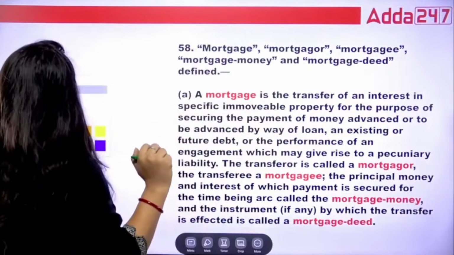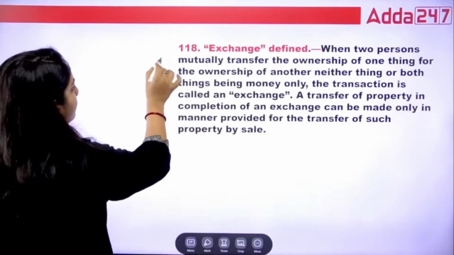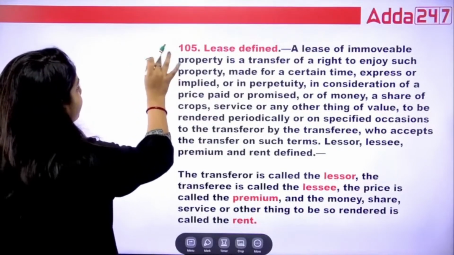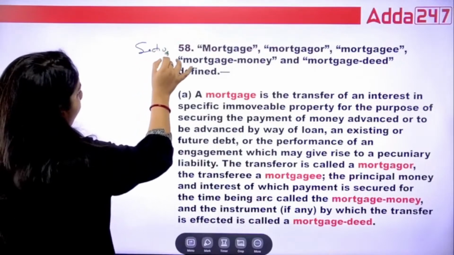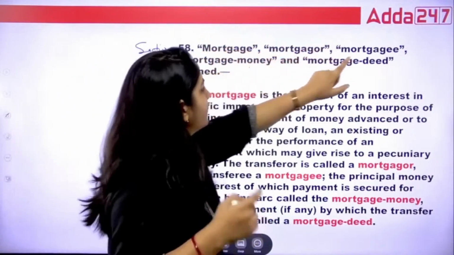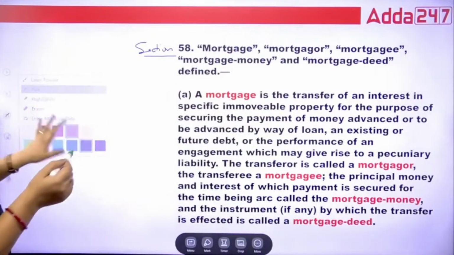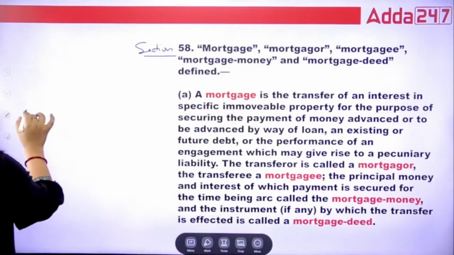Now, what is mortgage? This is your section 58, which talks about mortgage, mortgager, mortgagee, mortgage money, mortgage deed. Excellent. I'm giving you a very beautiful diagram to understand the term mortgage.